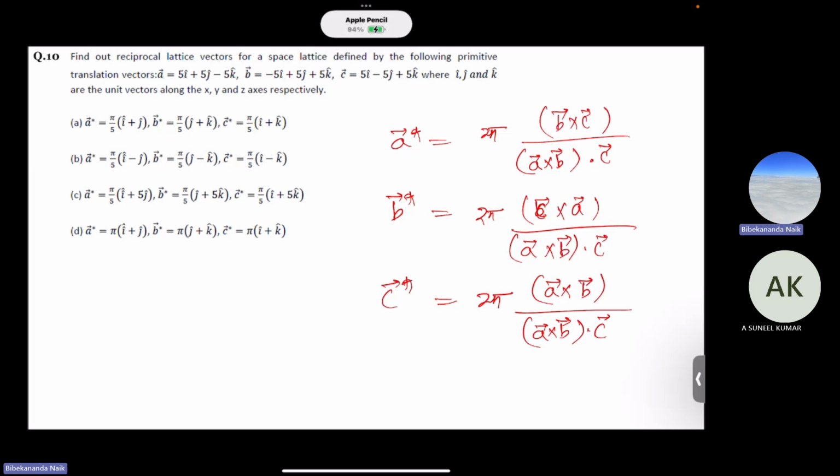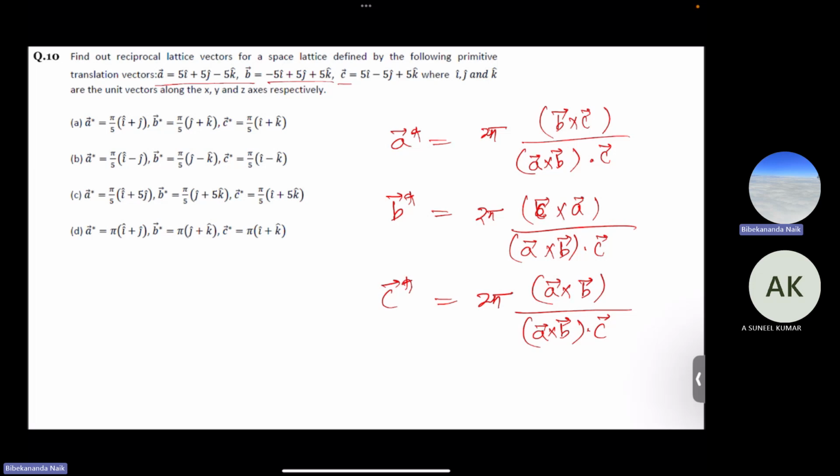So basically, this is a form of BCC lattice, that is body centered cubic lattice. If you have followed the lectures, then the reciprocal of a BCC lattice is an FCC lattice.